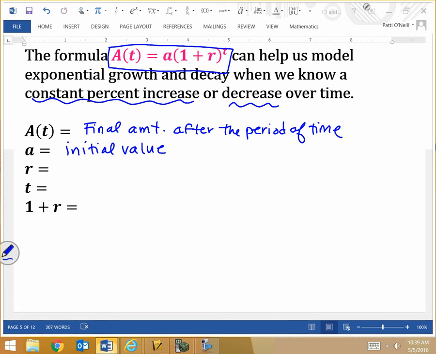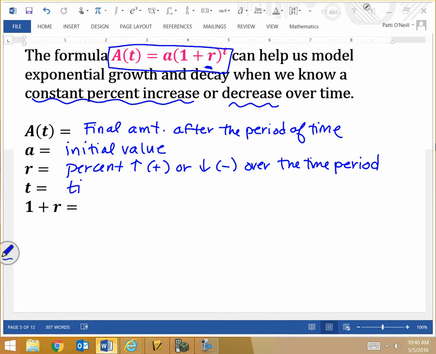The r value, which is new, because our base is no longer just b, it's become 1 plus r. 1 indicates the whole, the starting point, 100%. And then we go either up or down. So r is the percent increase, which would be a positive value, or decrease, which would be a negative value over the time period. And you'll see what I mean by that when we do an actual problem.